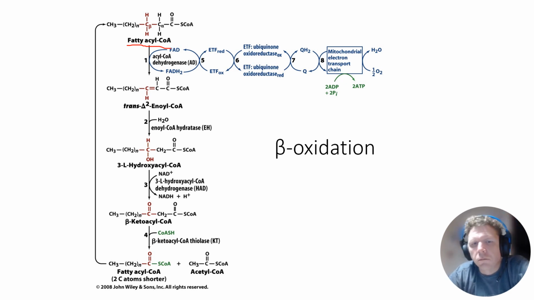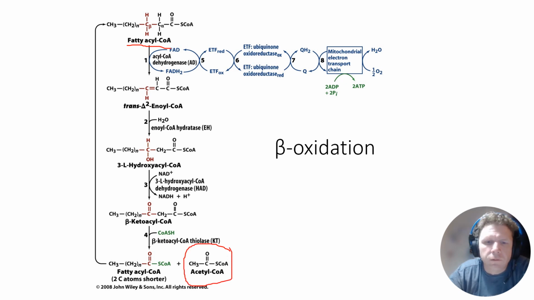So it's a fatty acid chain. And what we do is we basically take this and break it down by removing 2 carbons at a time. Those 2 carbons are in the form of acetyl-CoA. So if this was 18 carbons long, one of our molecules, our fatty acyl-CoA, would be 16 carbons long, and our acetyl-CoA is obviously 2 carbons.